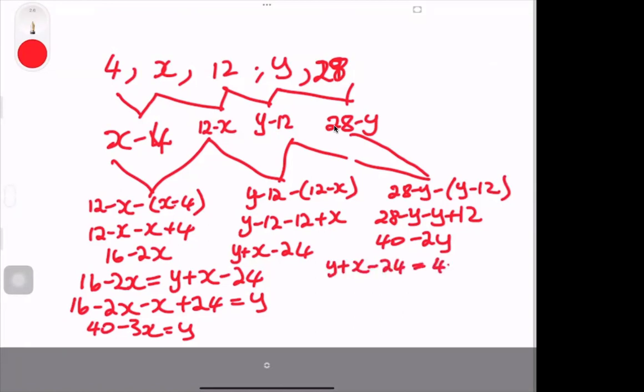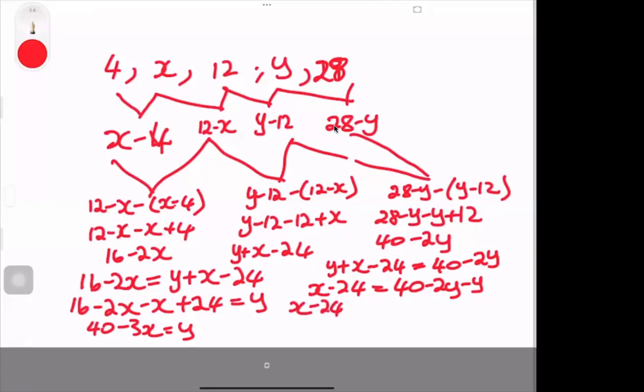Then I've got minus 24 plus 80 equals to 9x minus x. Minus 24 plus 80 is positive 56 equals to 8x. Divide by 8, divide by 8. Yes, 7 equals to x.